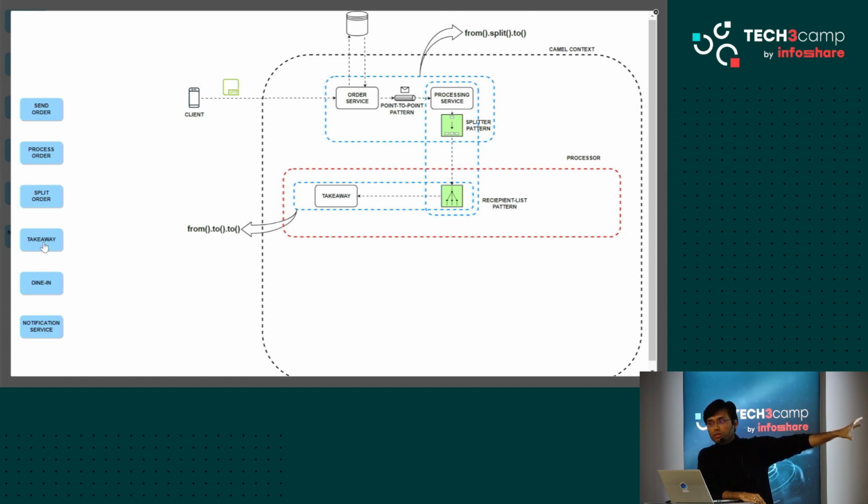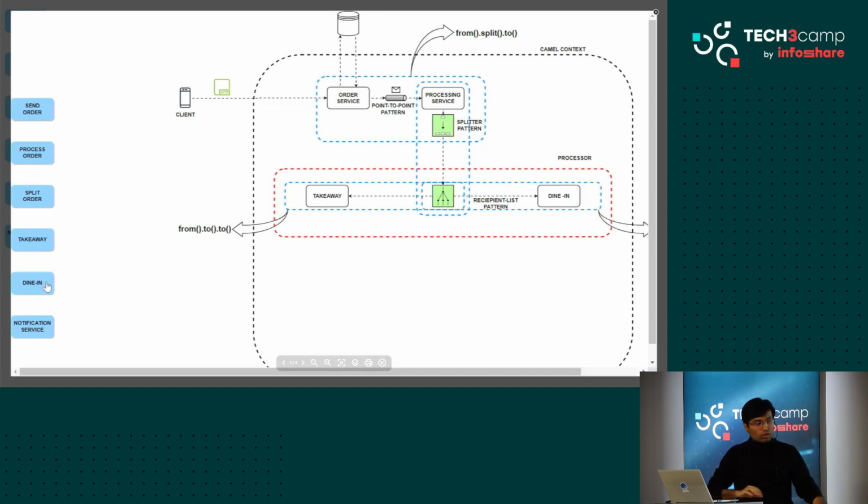It basically provides a way of implementing a dynamic routing mechanism based on runtime business conditions. So when the order gets broken down, the recipient list pattern will get the first order and check whether it's a takeaway order or a dine-in order. And accordingly, it's going to bifurcate that order to the respective process.